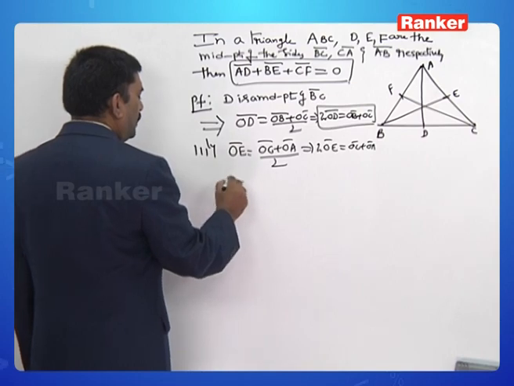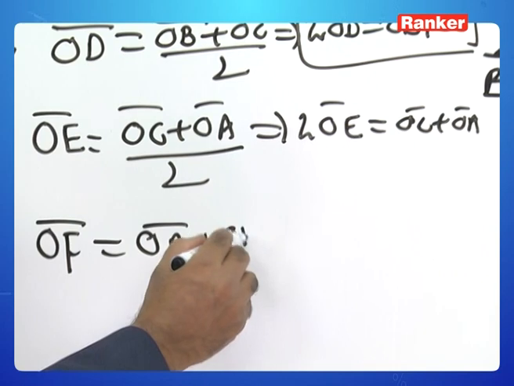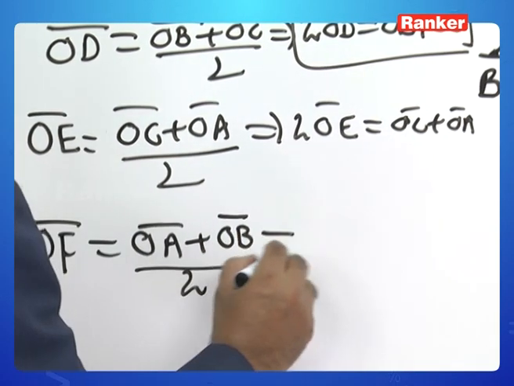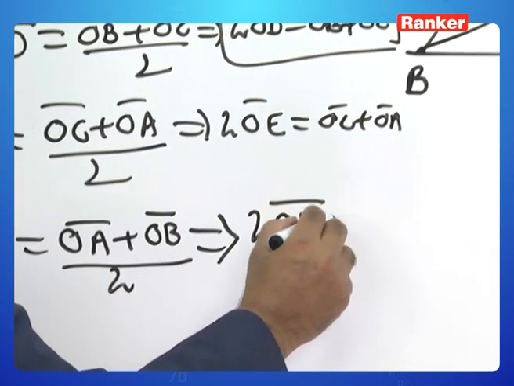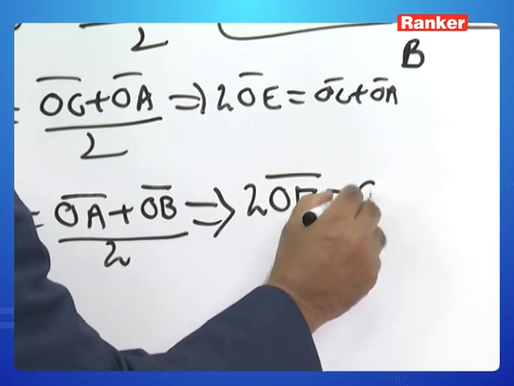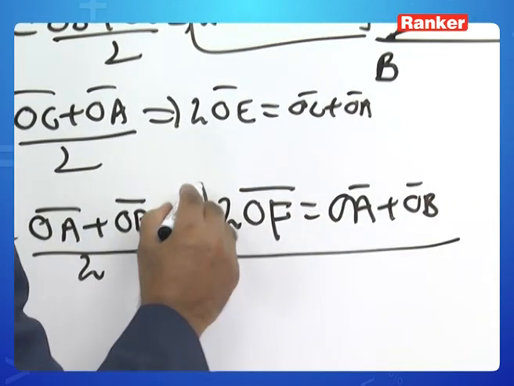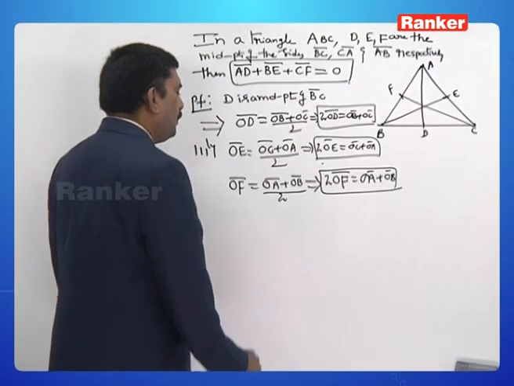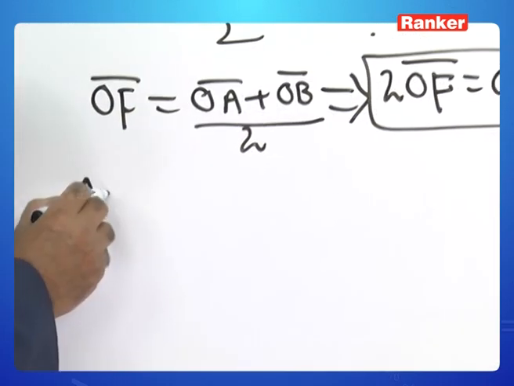OF bar is equal to OA bar plus OB bar by 2, which implies 2 into OF bar is equal to OA bar plus OB bar. Now what I do is, I want AD bar.